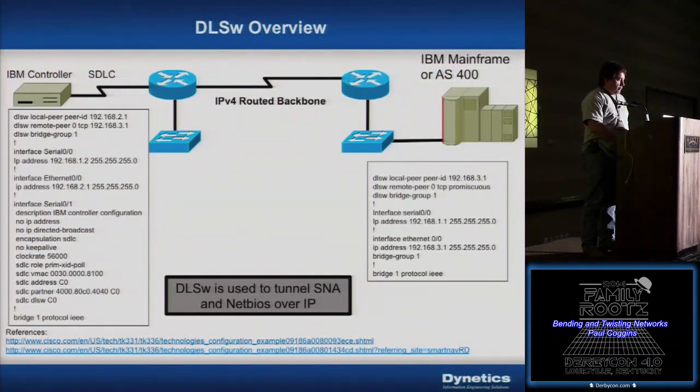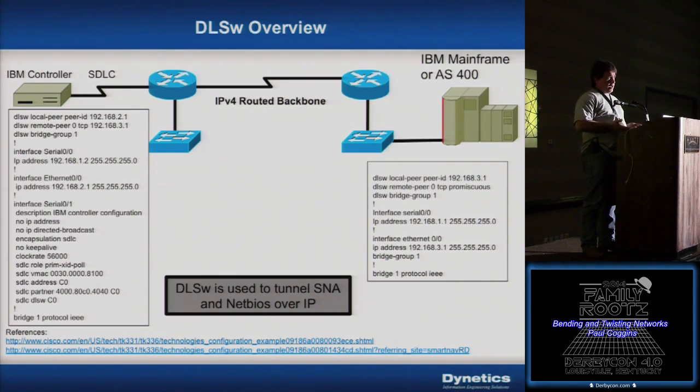Along the same lines of some old school techniques, back when I got into wide area networking, back in like '99, when I really got into wide area router technologies, one of the first ones was DLSw. I built out a large nationwide network for a customer where we would tie in IBM green screen controllers, hang them off of a serial link off of a router so that they could do SDLC protocol back to an AS/400.